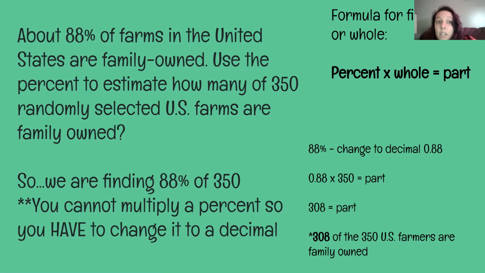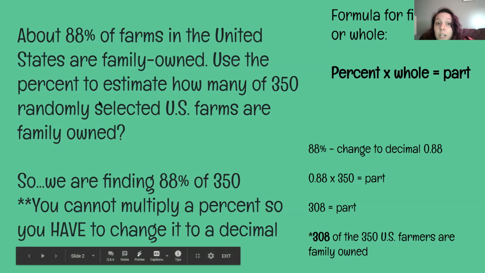If I were to find 12% of 350, that answer shouldn't be really close to 300. If you're doing a problem like that and you get something like 308, your answer is probably off, so double check your multiplication.